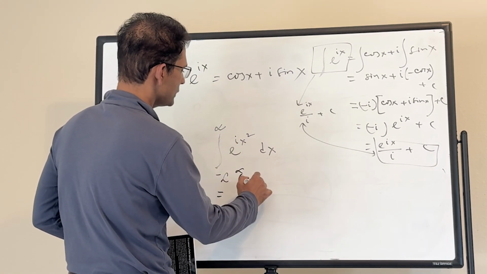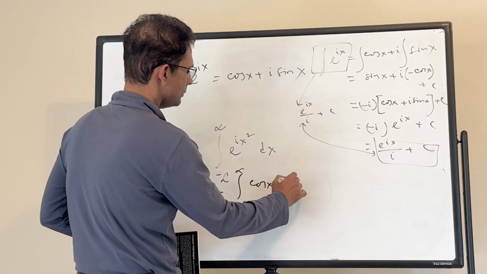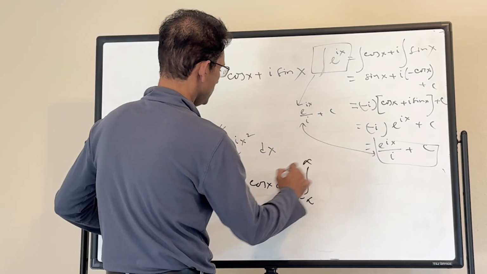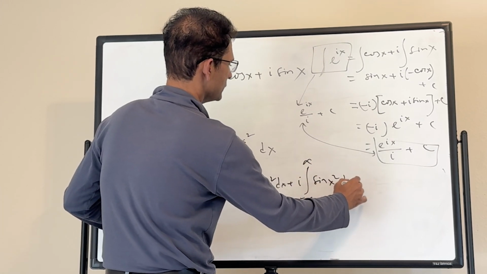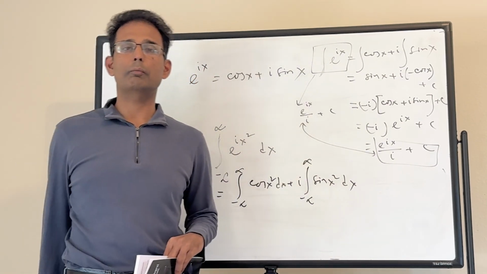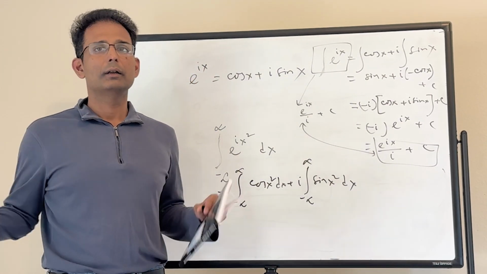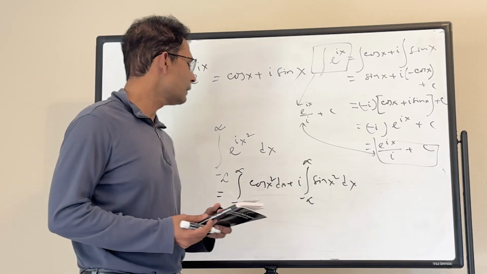Using Euler's identity, you can write this as the integral of cosine x squared dx plus i times the integral from minus infinity to plus infinity of sine x squared dx. Now these are oscillatory functions, and you're integrating from minus infinity to plus infinity, which means you'll not get a convergent result.